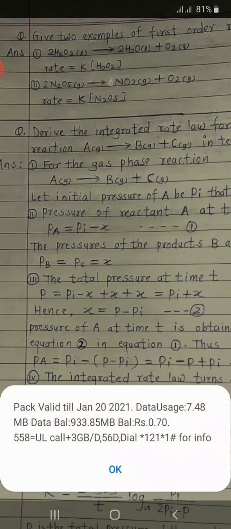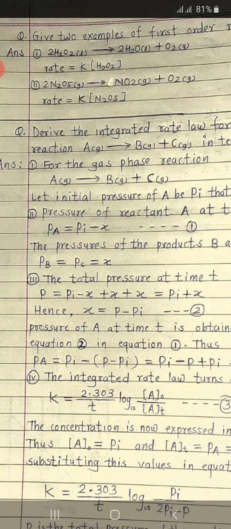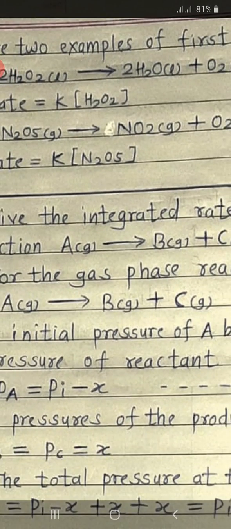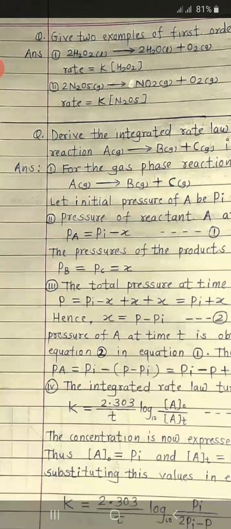Second reaction: 2N2O5 (gas) gives 4NO2 plus O2. So 2N2O5 gas gives NO2 gas plus O2 gas. For this reaction, what is the rate?